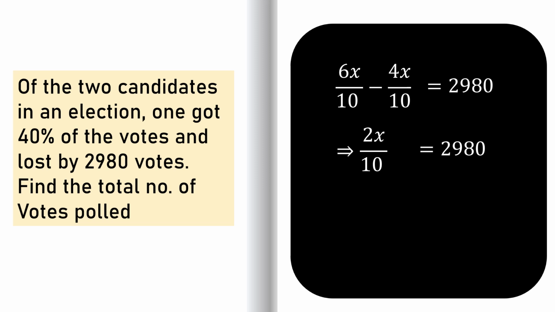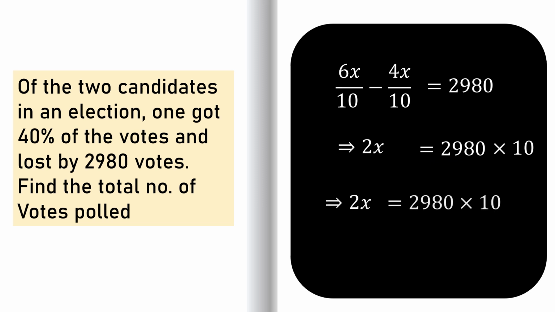To solve this, 10 goes to the right-hand side as multiplication, so we write 2x is equal to 2980 times 10. Now, to keep x alone on the left side, we send 2 to the right-hand side as division. So, we get x is equal to 2980 times 10 divided by 2.